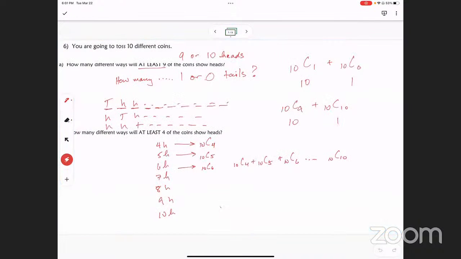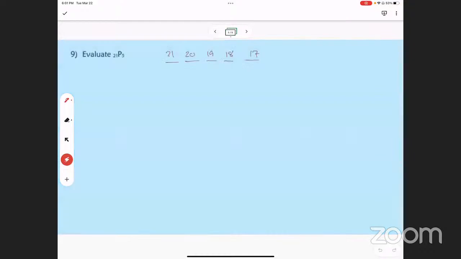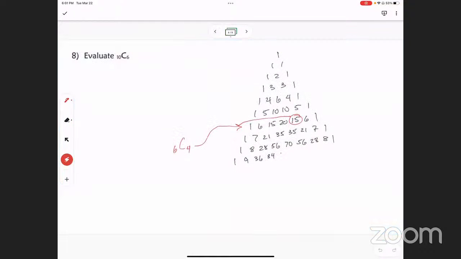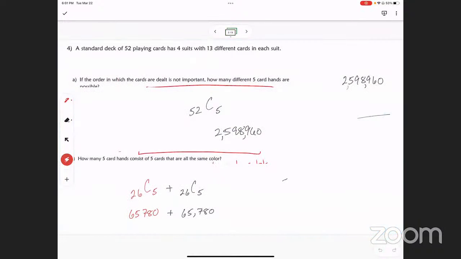Whereas for these ones, and I don't think that they're talking about mutually exclusive quite yet, but for the one that we did before, you're not multiplying because you're not picking 5 cards and then picking another 5 cards. You're choosing at most 5 cards.